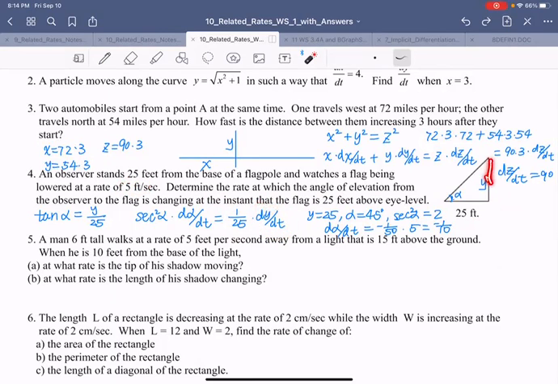But this is going down, so you should put a negative. dy over dt is negative 5. And then negative 5 over 50 is negative 1 over 10. Okay, that's how you find this.